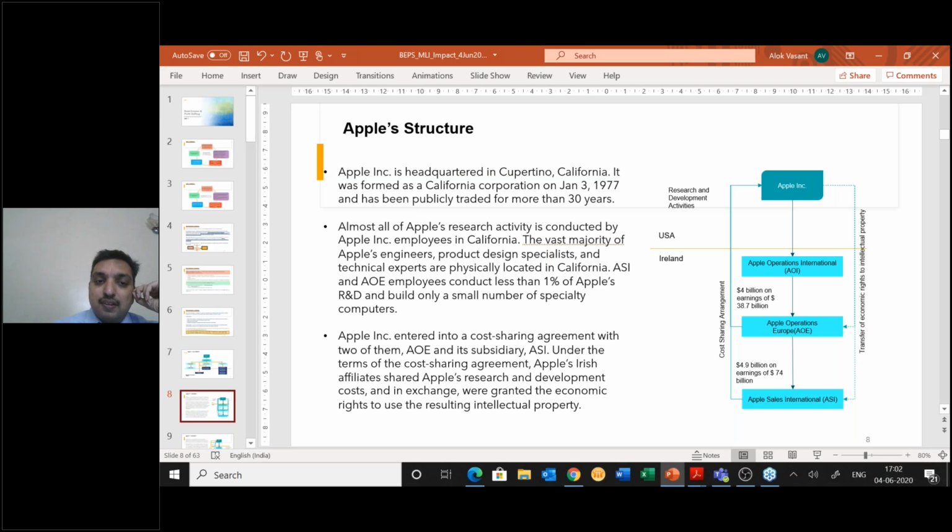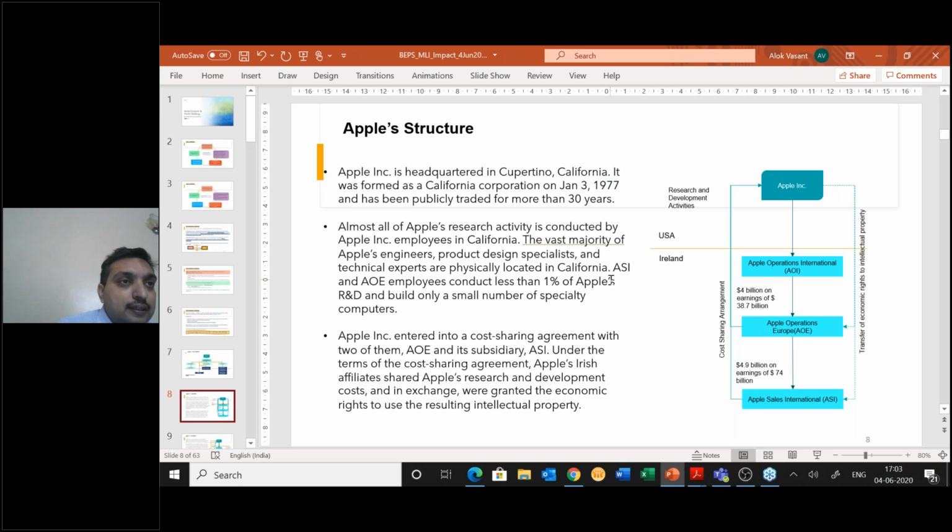So what was done was Apple Inc. entered into a cost-sharing arrangement with AOE and its subsidiary ASI. And if you look at that, what was that cost-sharing agreement? Both the entities agreed to share around $4 billion with Apple Inc. so that they could benefit from the R&D which Apple Inc. did at the US level.